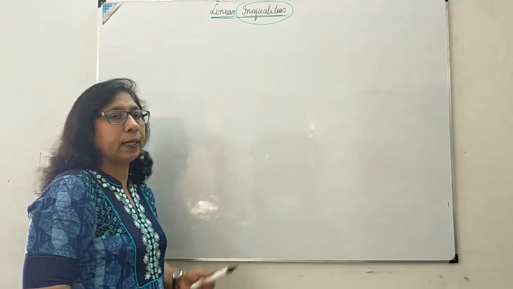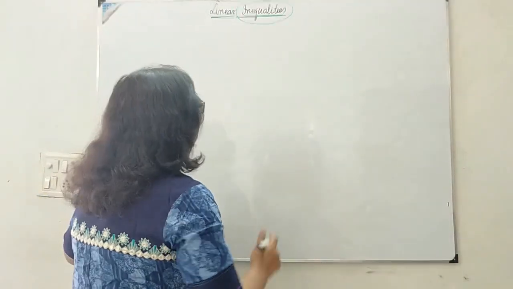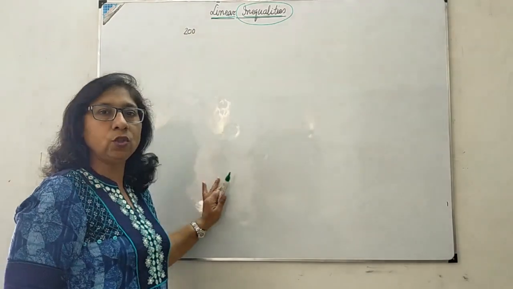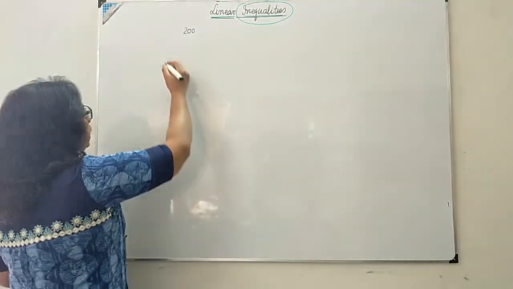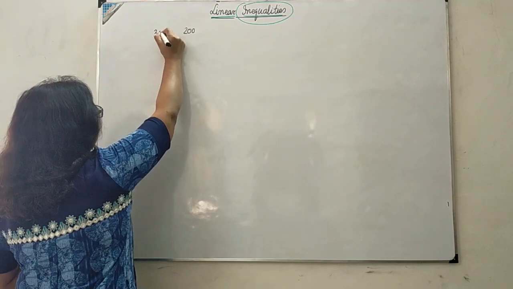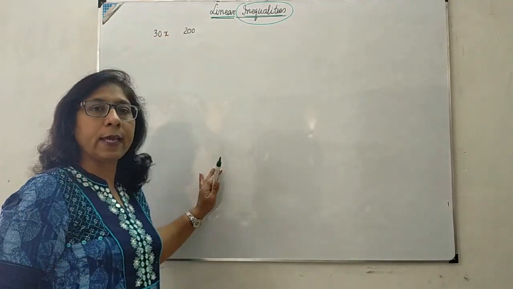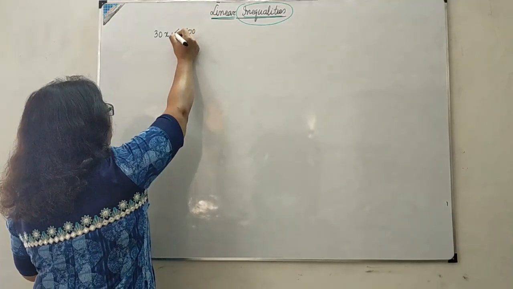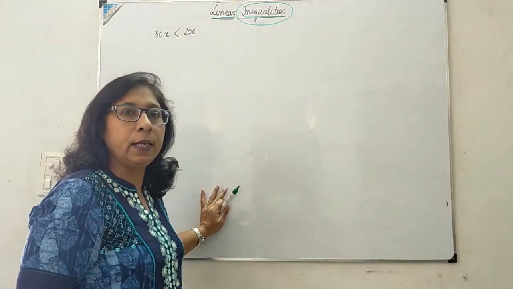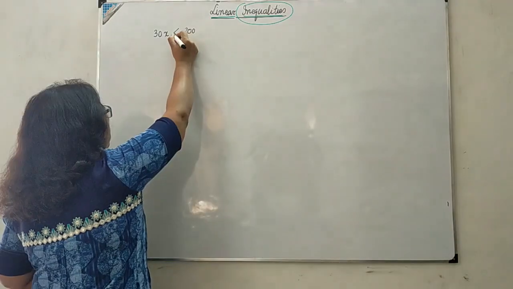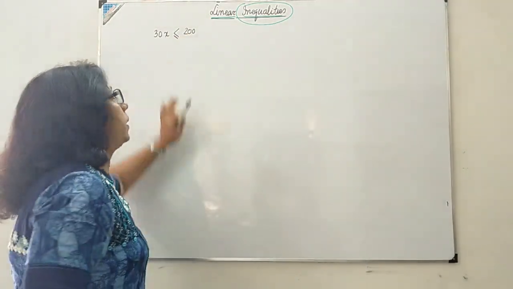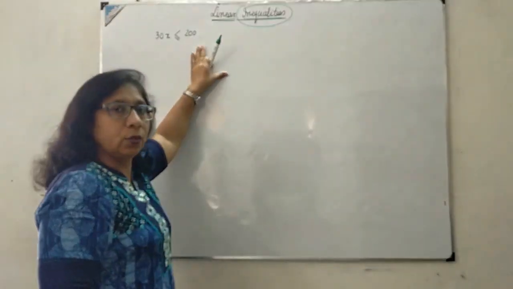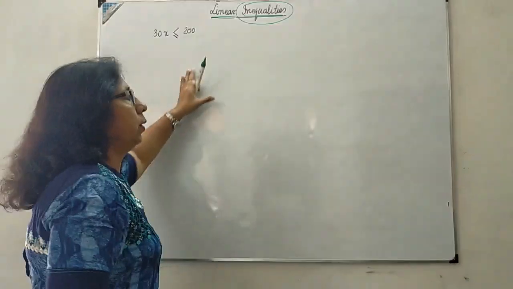To understand this, I can take one example. Suppose a child is having 200 rupees and he wants to buy some chocolates that cost 30 rupees each. Now if he goes to the market, how many chocolates can he buy? Because he is having 200 rupees, he can always buy 30x less than or equal to 200. He can spend all 200 rupees or he can spend less than 200.